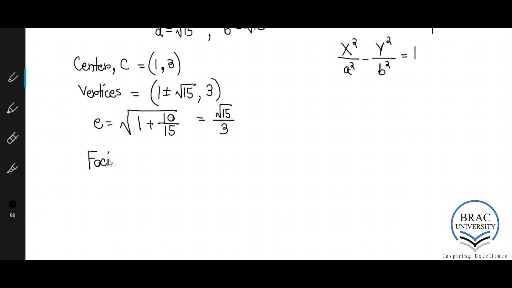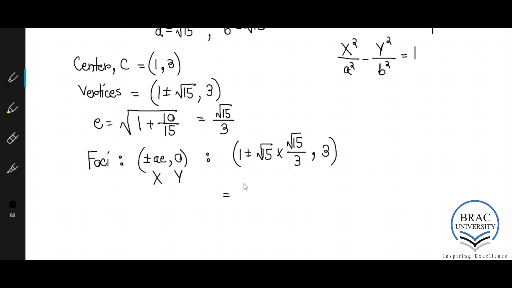If you can remember, this was the form of the foci for something centered at the origin: plus minus square root of 15, multiplied by the eccentricity, so a multiplied by this, comma 3.